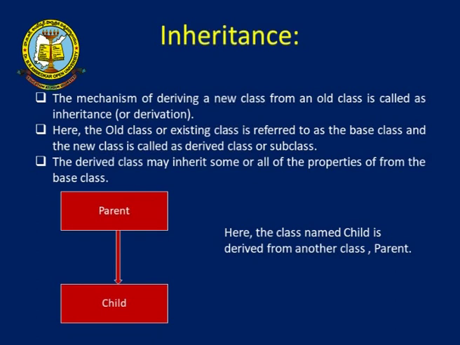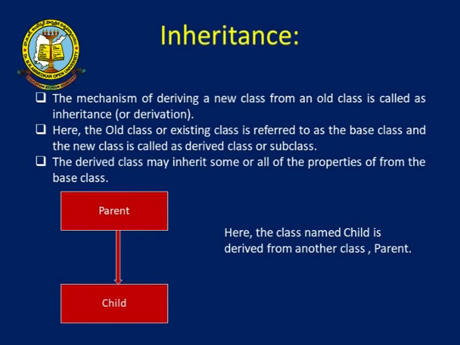See here, in the inheritance process, the existing class is called the base class or the parent class, and the newly derived class is called the child class, the derived class or the subclass. If you see this example, here we have an existing class known as the parent class, and from that class we have created a new class called the child class.